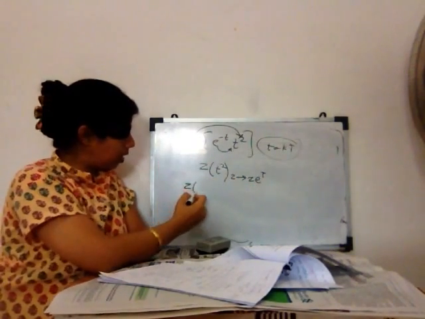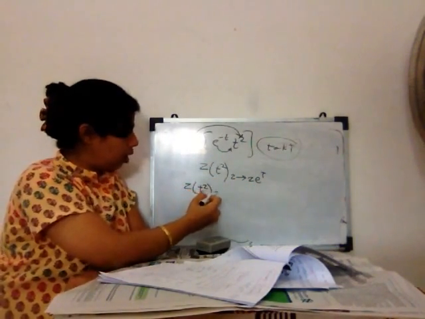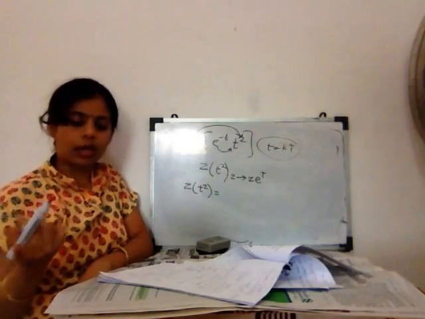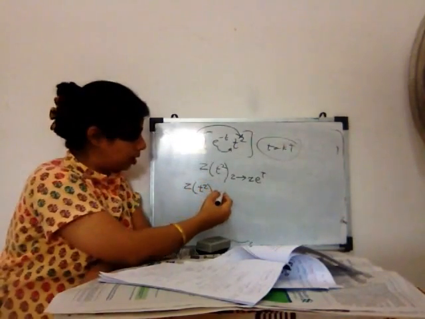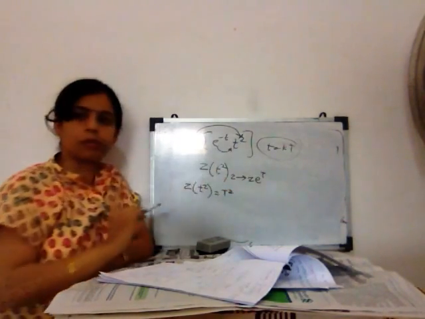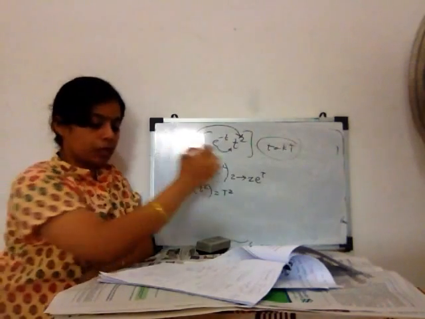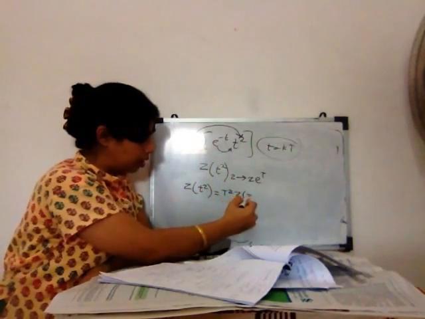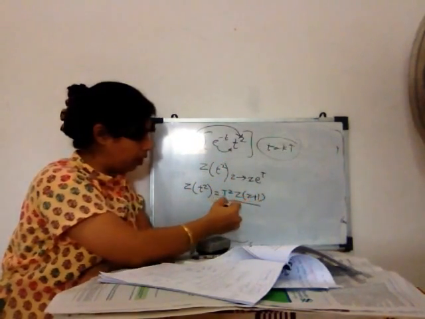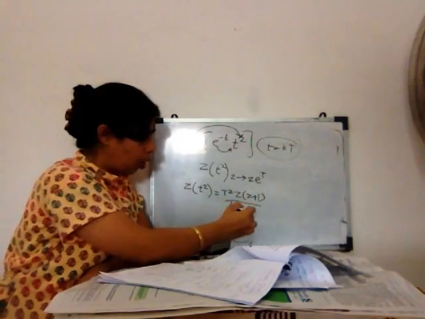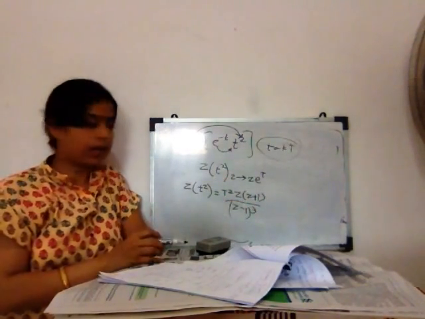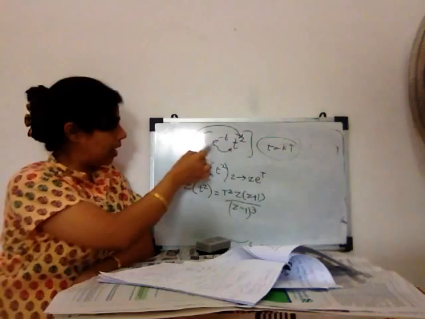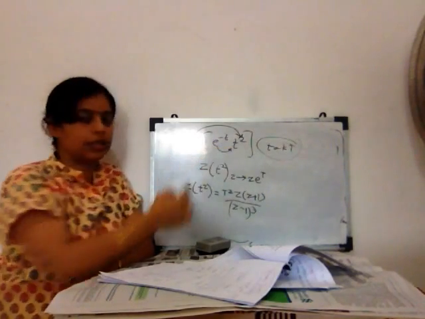So the z transform of t square, or we can say n square, is what? T square, because the variable is t. So t times z plus 1 upon z minus 1 whole cube. Clear? Next, the z transform of e to the power minus t times t square.